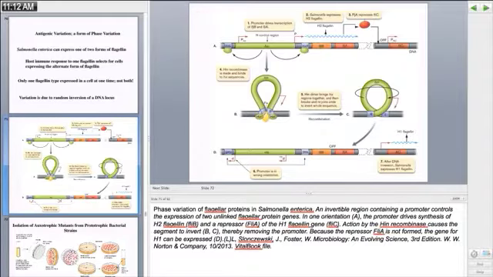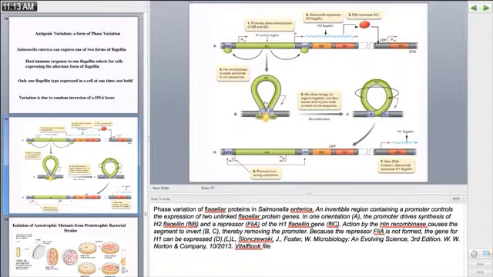The important point to notice is what happens after the inversion to the promoter shown in A that was driving the expression of the flagellum. The promoter that drives the expression of FLJB and FLJA, the repressor, is actually part of the inverted region.